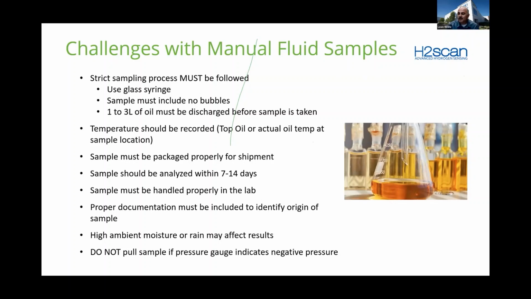This is one of those things that, when the data comes back from the lab, if these things aren't recorded, it can limit the results, so it's best to have them there.